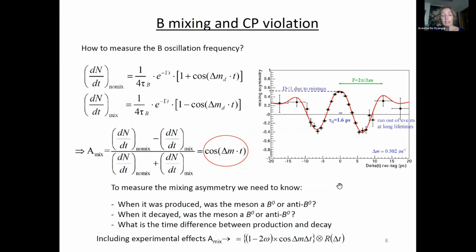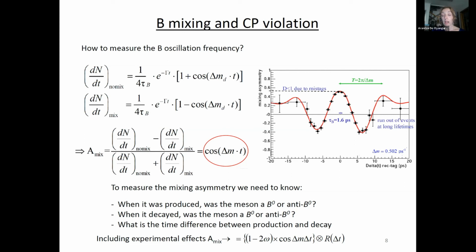This is from the theoretical point of view. If you include experimental effects, you remember that we were talking about something called mistag, which tells us that maybe we are wrong, and we think we have a B0 but we have an anti-B0. This gives the probability of tagging the initial flavor correctly when it is produced or decaying.